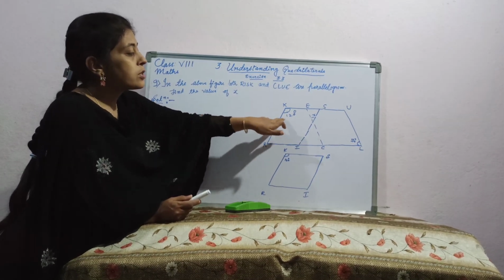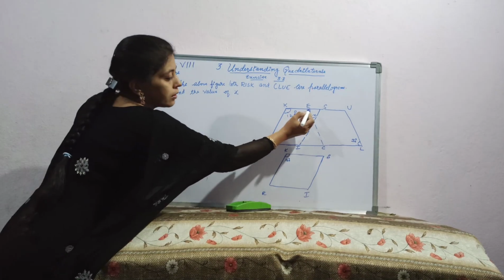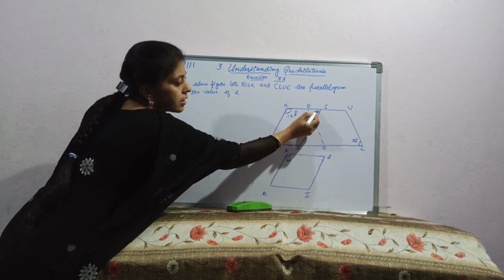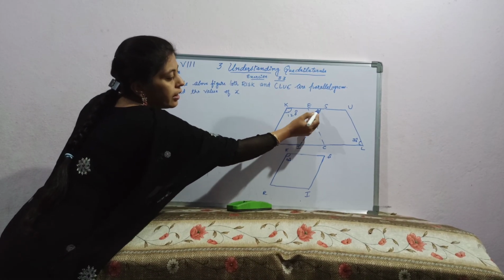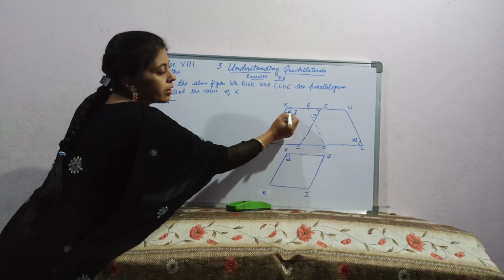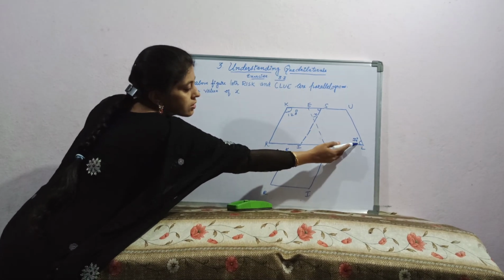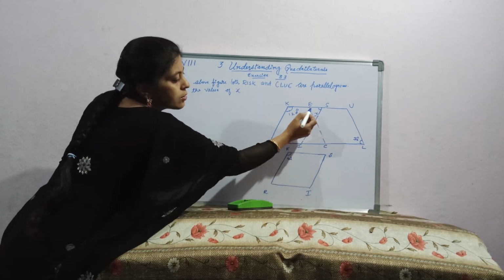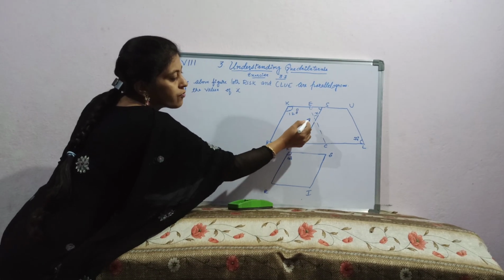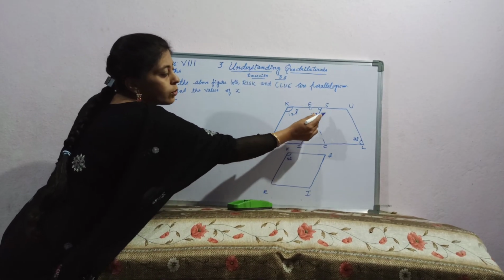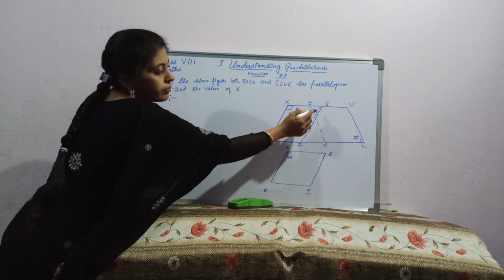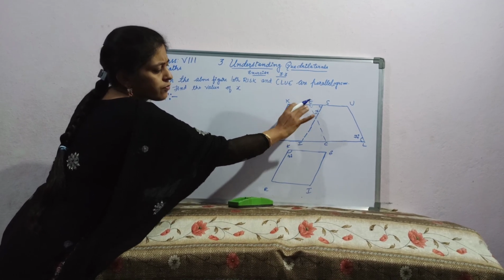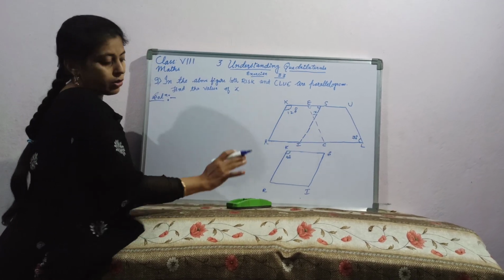So I am choosing to find this angle first, that is the adjacent angle, whereas when you go with the next, this is the opposite angle. So I can find this and later I can find through angle sum property this angle, that is x. If you want you can find in any other way also.